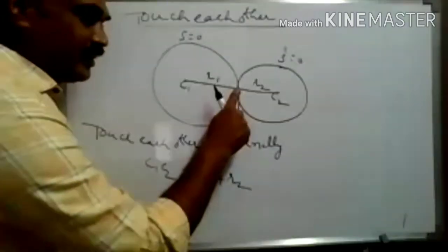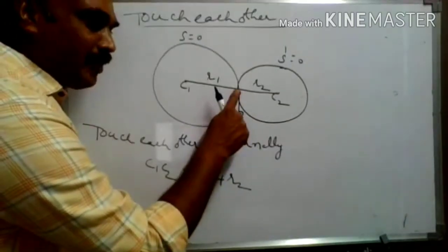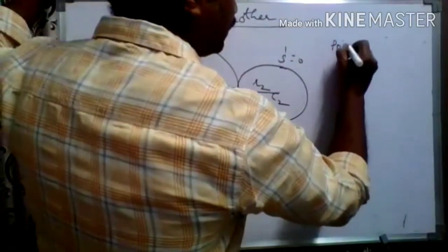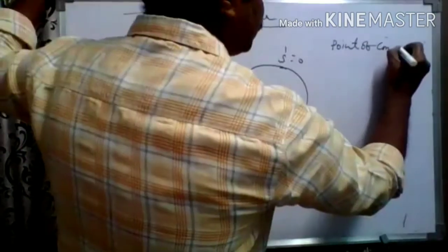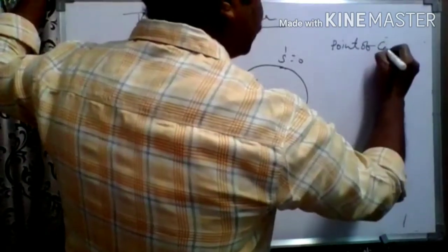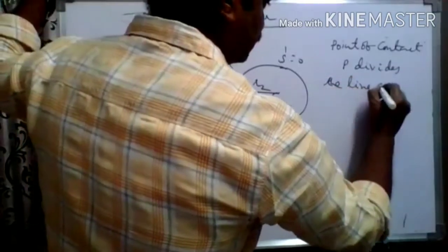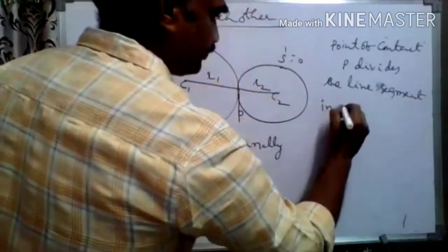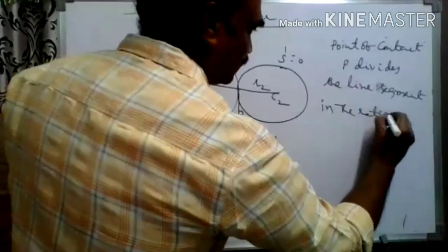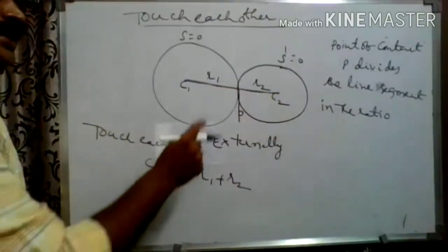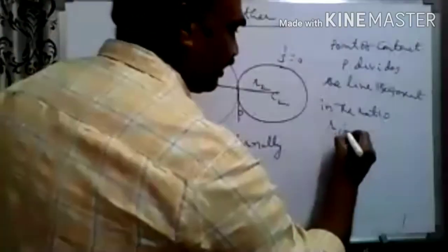Students, this is the point of contact. The point of contact P divides the line segment C1C2 in the ratio R1 is to R2 internally.